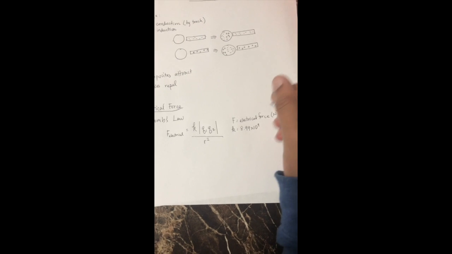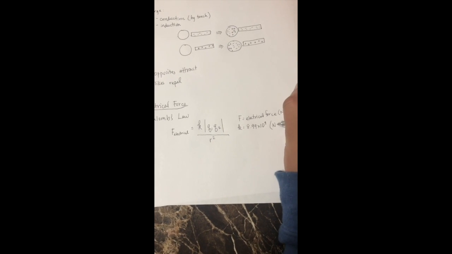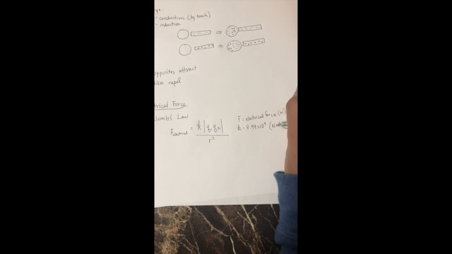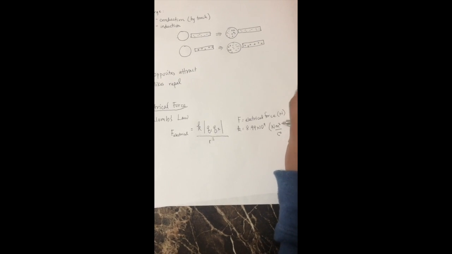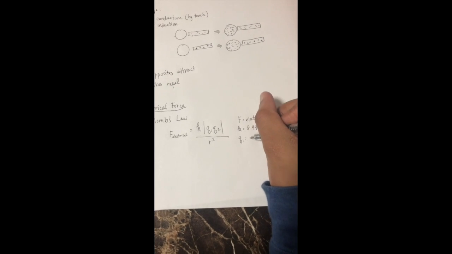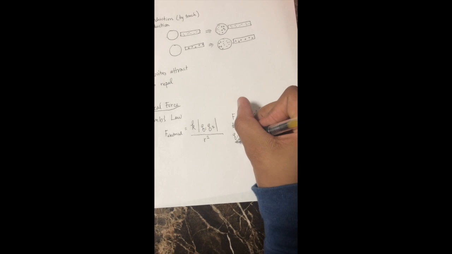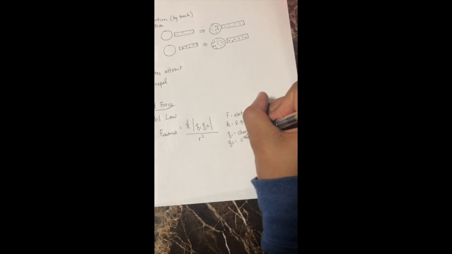I'm going to put my units in. So the units for that are Newton meters squared per Coulomb squared. And then Q1 is charge 1. Q2 is charge 2.